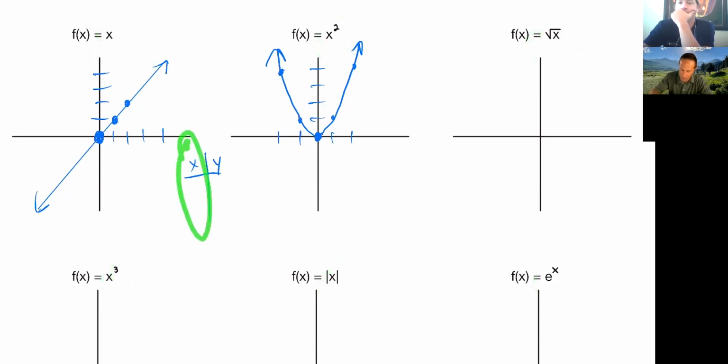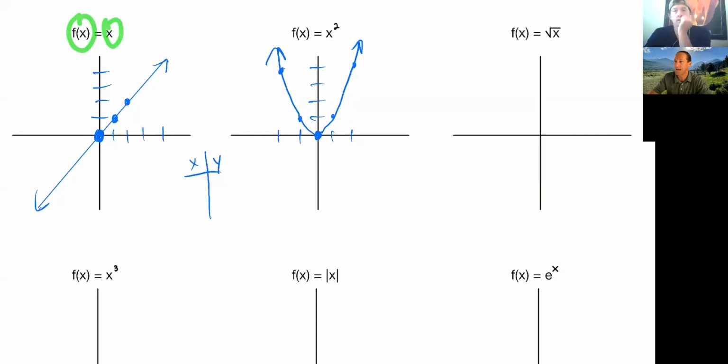And so we chose the x values that we thought would work well, and then we got out the y values, and we called those ordered pairs or points, right? So 0, 0, 1, 1, 2, 2. That's the easiest because it says that x and y are exactly the same. But that doesn't play for every other function, okay?